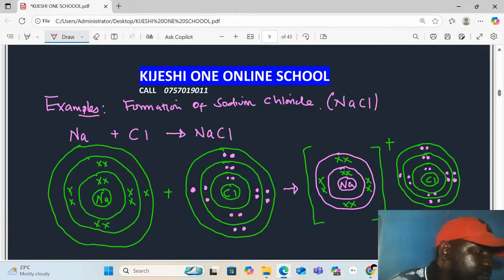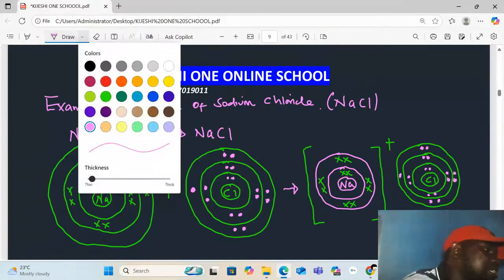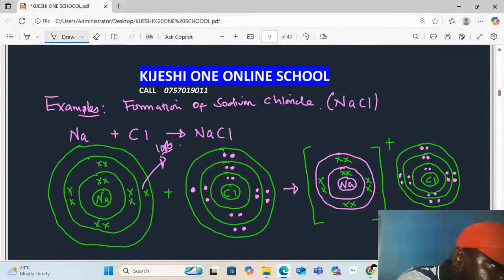But now, this one was lost and it was gained by the chloride. Therefore, we need to use different shades so that we may be very clear. So now, not like that, but in this format, like that.